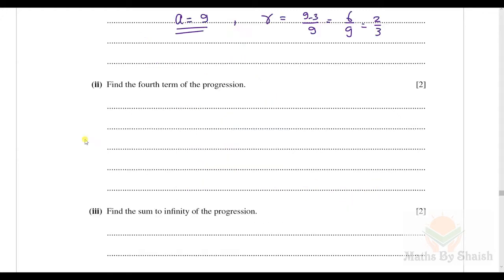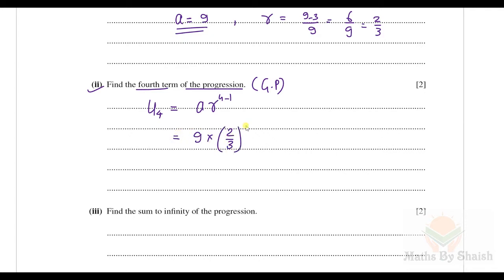So in the second part, find the fourth term of the progression. Since it is a GP, the fourth term u4 is given by ar to the power 4 minus 1, and hence it is 9 into 2 over 3 to the power 3, that is 4 minus 1 is 3.